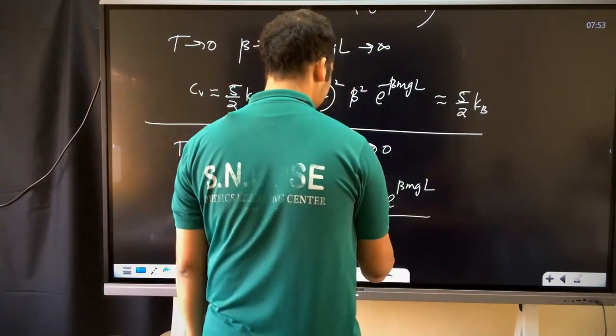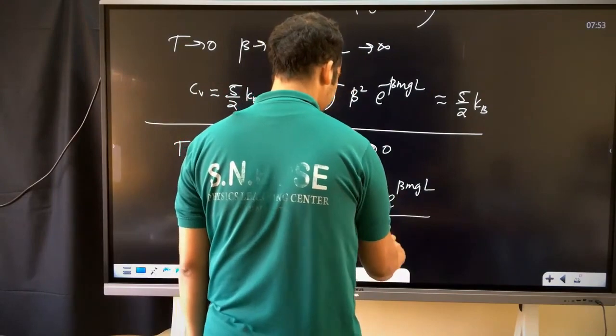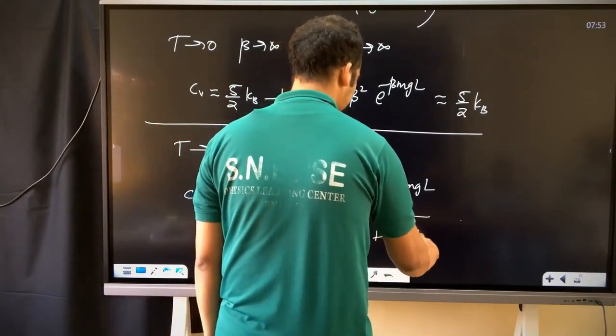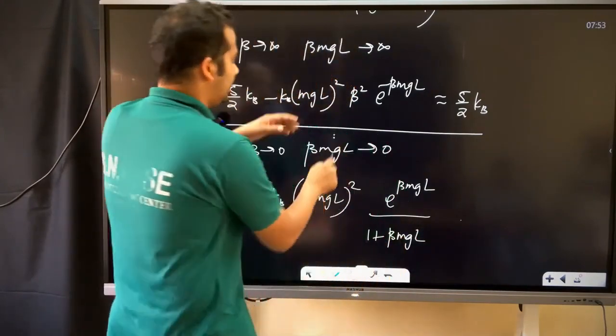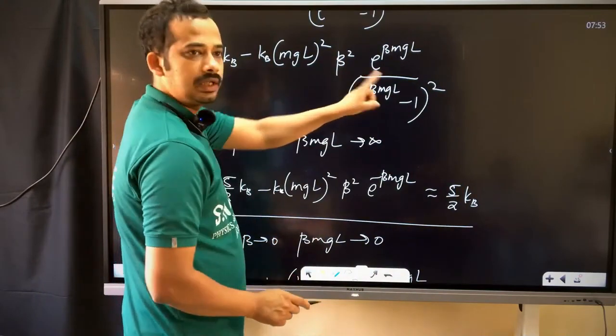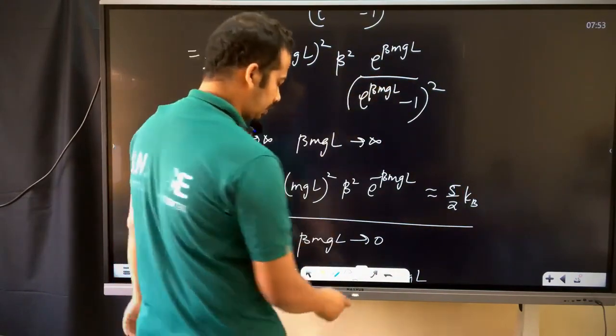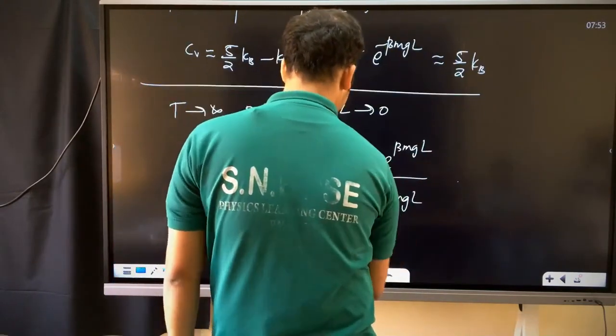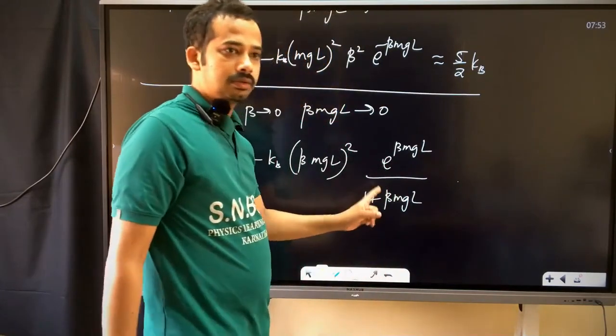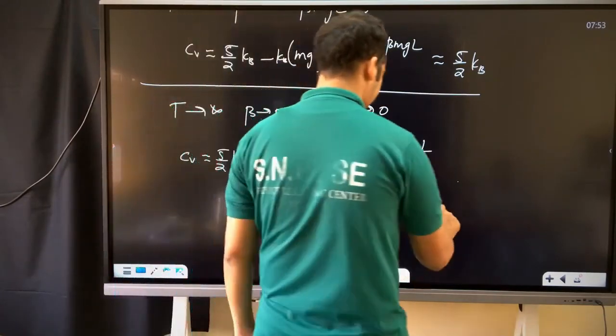In the denominator, take two terms: 1 plus beta mgL, because this is very small. Don't make it 0 here. Minus 1.